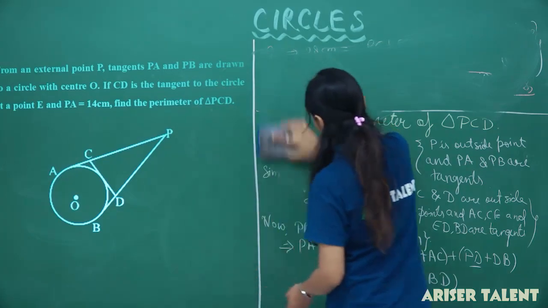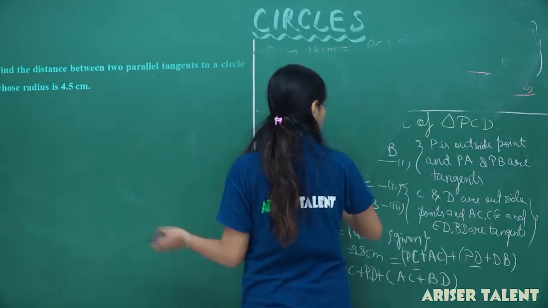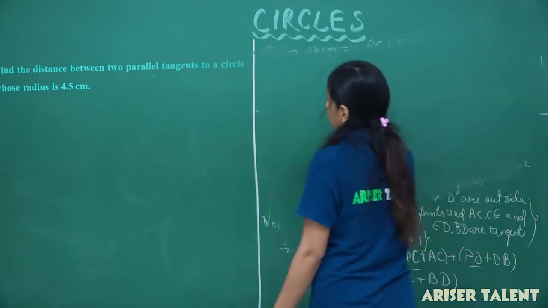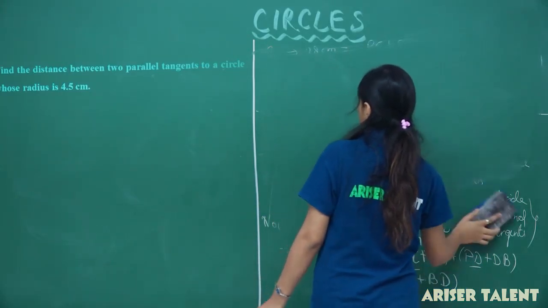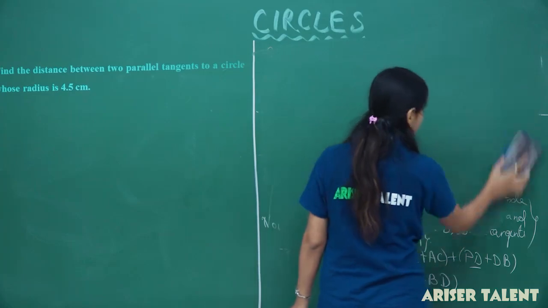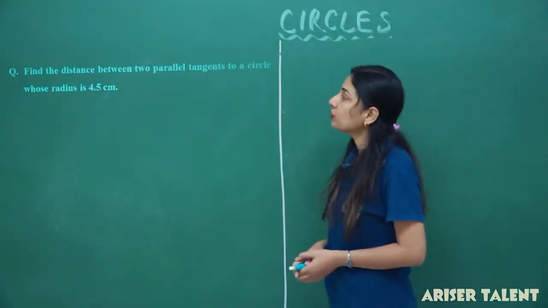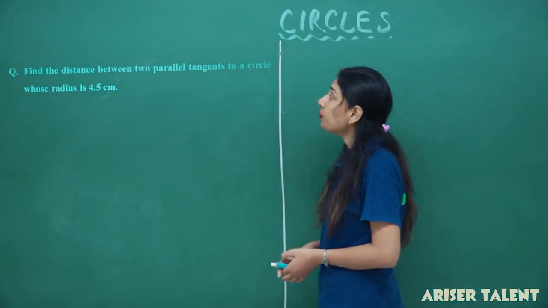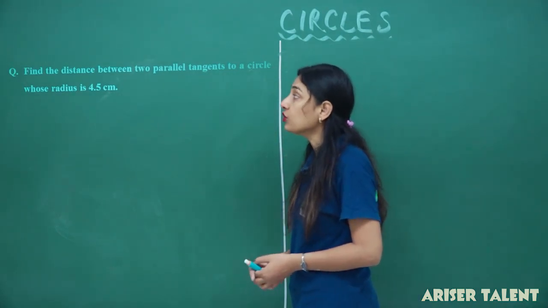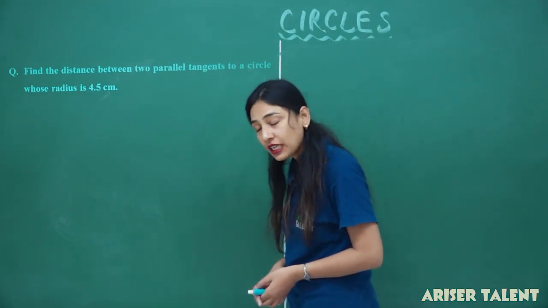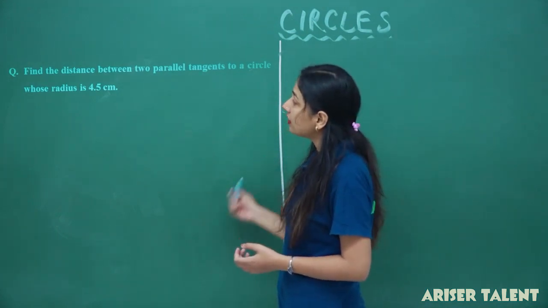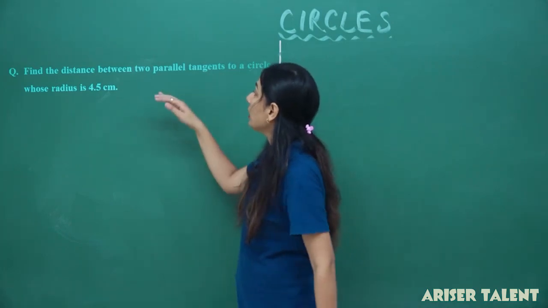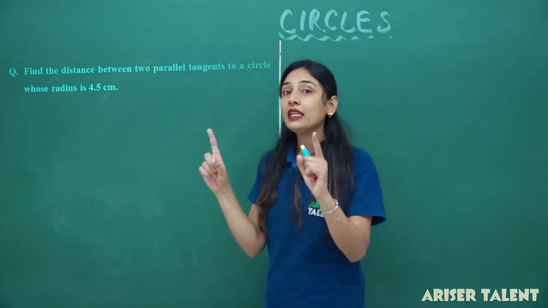So, I am just rubbing this, meanwhile you can have a look at the next question. Okay, students. So, the question is find the distance between two parallel tangents to a circle whose radius is 4.5 centimeter. Okay. So, we have been provided with radius only and we have to find the distance between two parallel tangents.